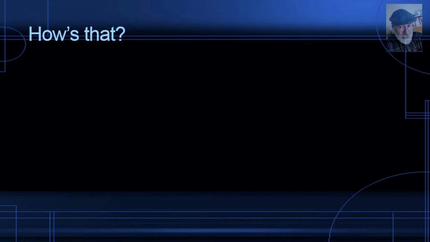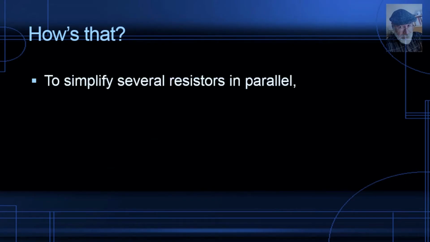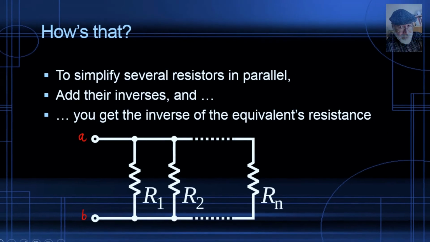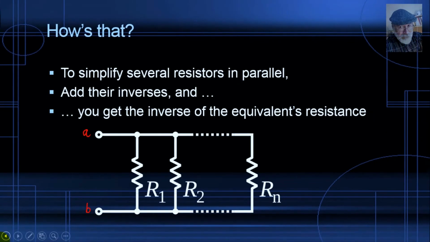Sure. To simplify several resistors in parallel, you add together their inverses and you get the inverse of the equivalent resistance. You know that, right? Let's say we have between nodes A and B resistors 1, 2, 3, 4, n resistors in parallel.